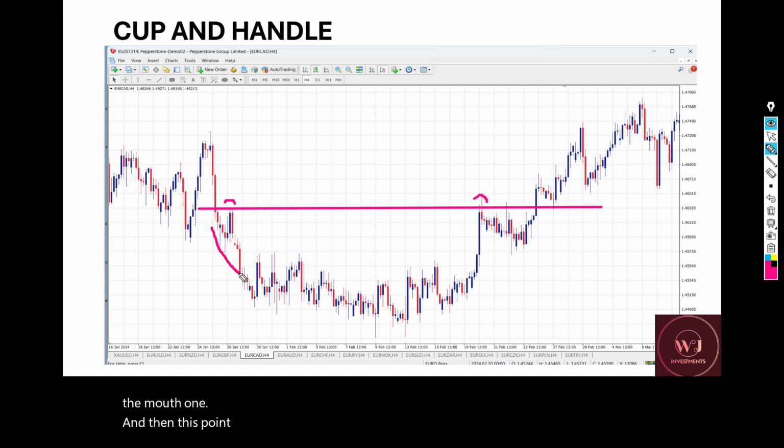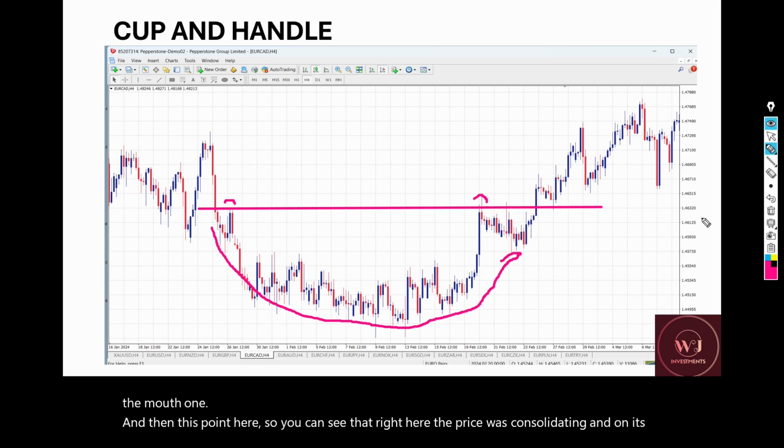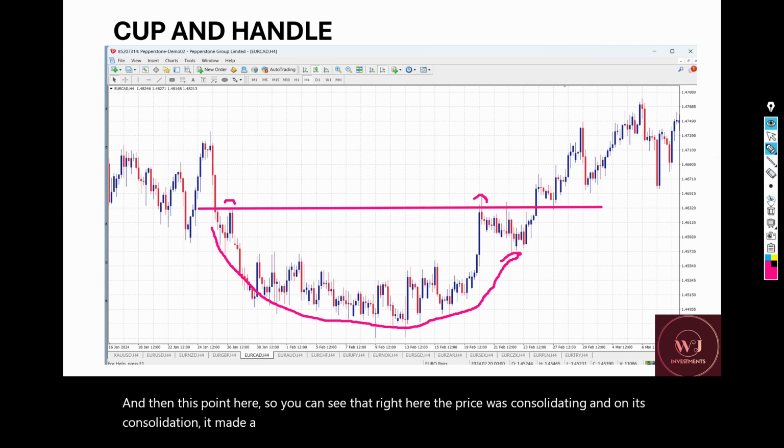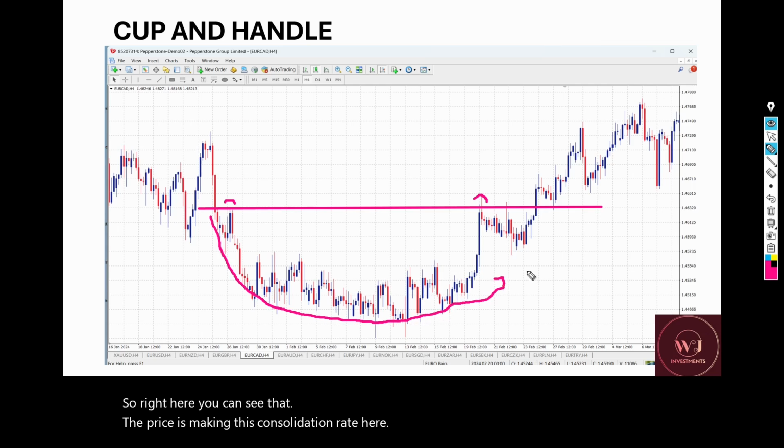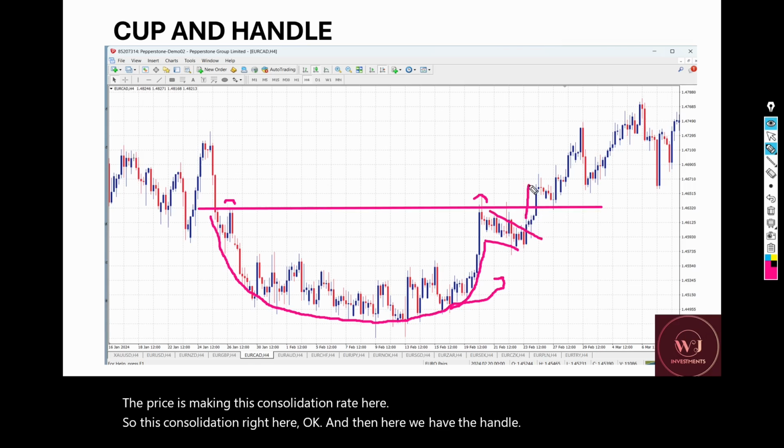Right here the price was consolidating, and in its consolidation it made a cup. So this consolidation right here, okay, and then here we have the handle, here we have the breakout.